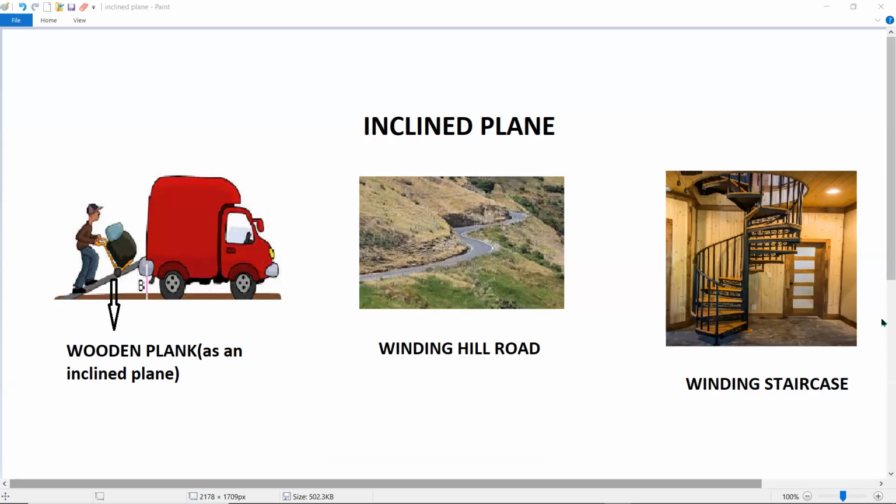You must have seen the loading of drums on a truck using a wooden plank. Here, the wooden plank is actually acting as an inclined plane. Other examples are winding hill roads and winding staircases.